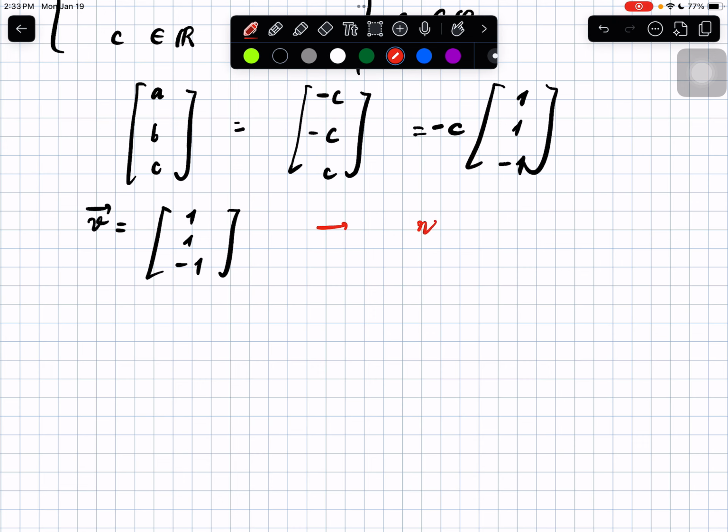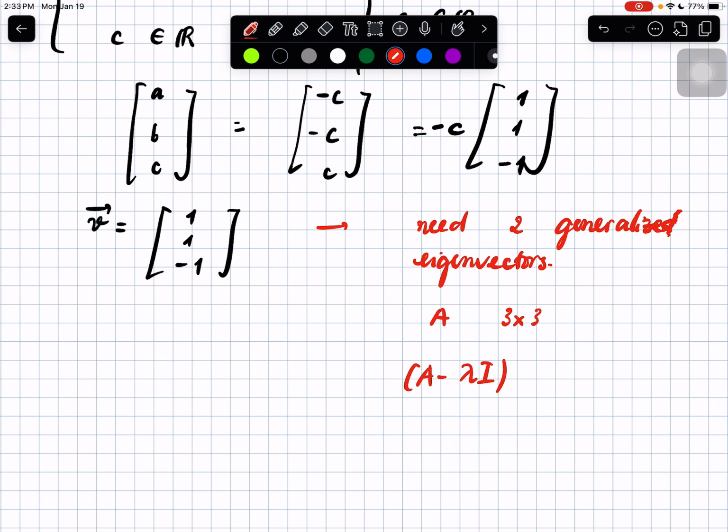We need generalized eigenvectors. So in this case, our matrix A is 3 by 3, and lambda is defective by 2. So we know that (A minus lambda I) cubed could be 0.